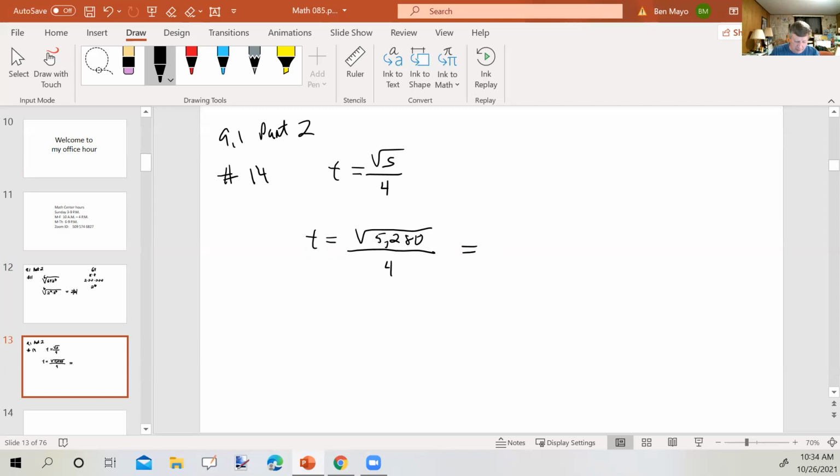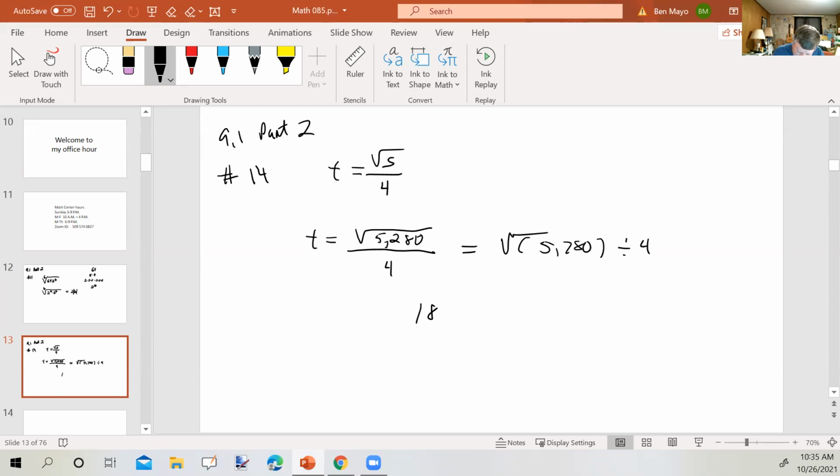So on the calculator, I'm going to put in second and then square root of 5,280, close that up, and then all of that divided by 4.